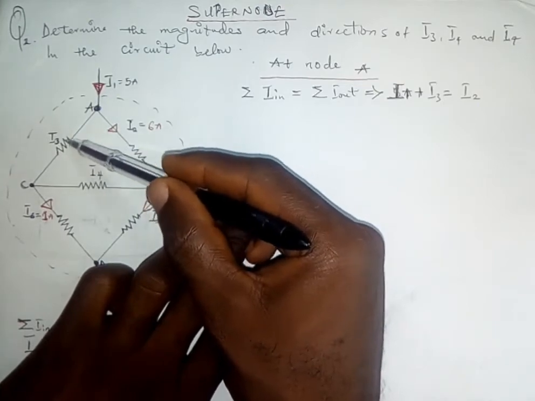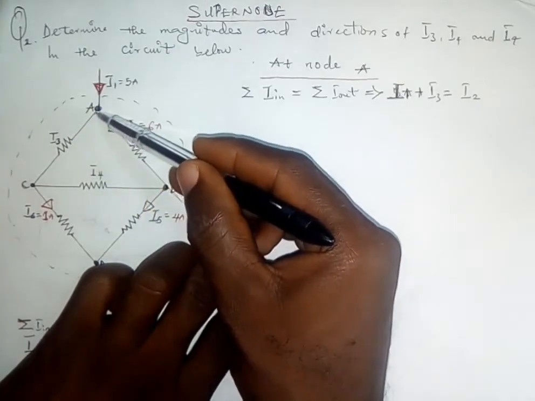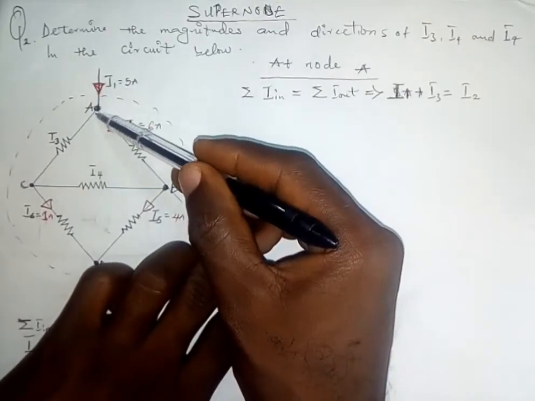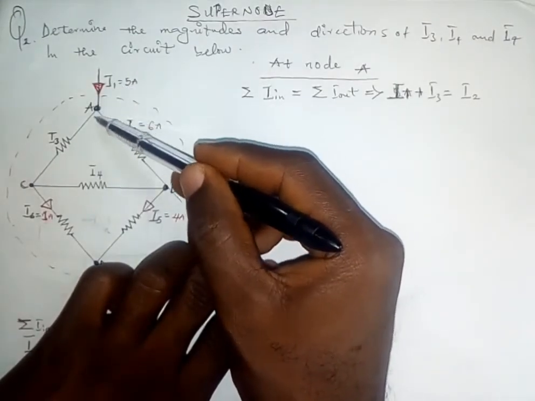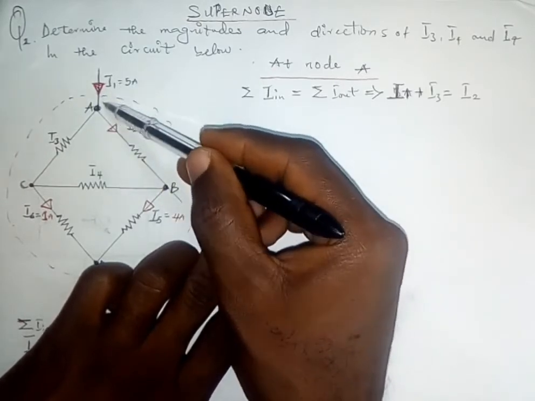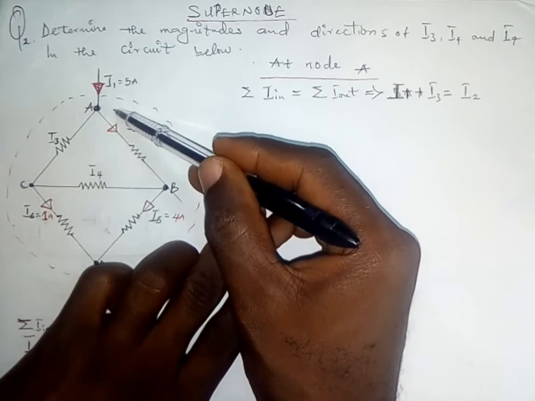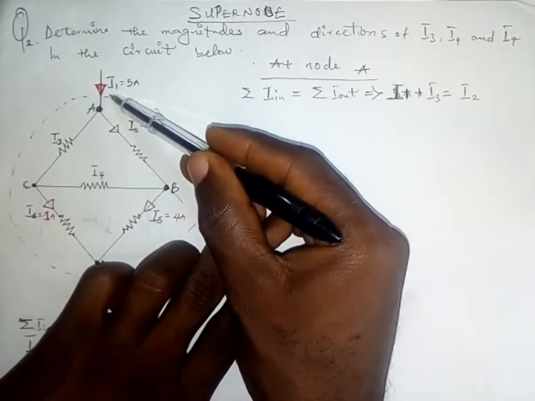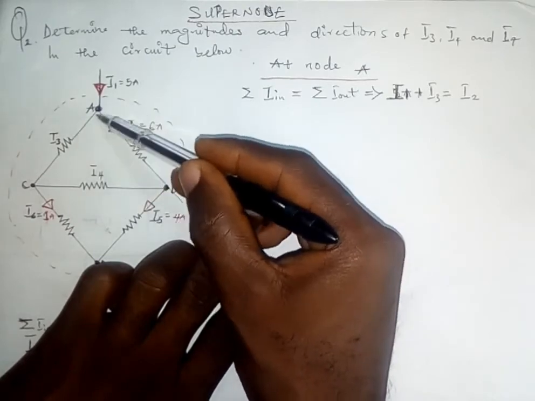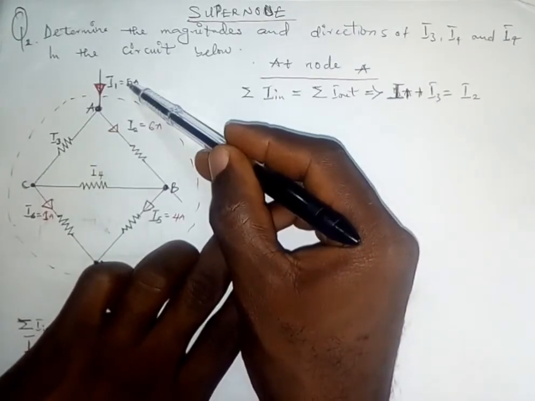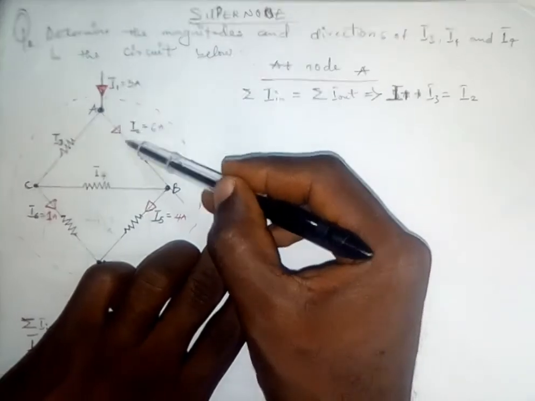If I3 is supposed to be leaving, definitely KCL is not obeyed, because the current leaving would be more than the one entering, which is not the basic rule of KCL. Now if it is entering, definitely it is going to obey the rule, and what is going to enter is going to be 1, because 1 plus 5 is going to be 6, which is equal to the one that is leaving the node.